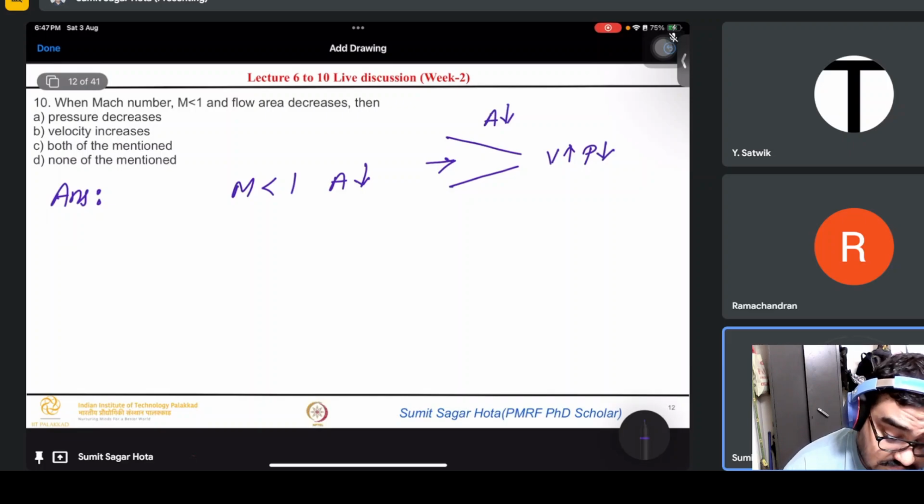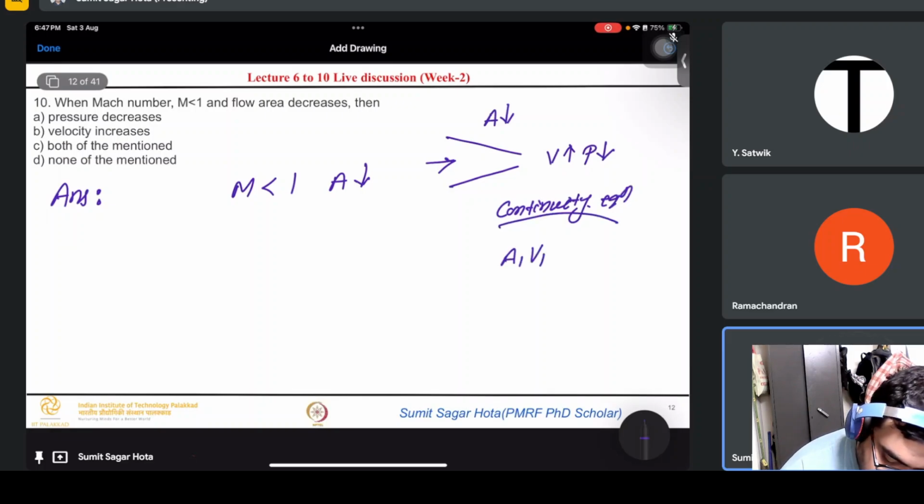So we know from the continuity equation, A1 V1 is equal to A2 V2. So A is inversely proportional to velocity.